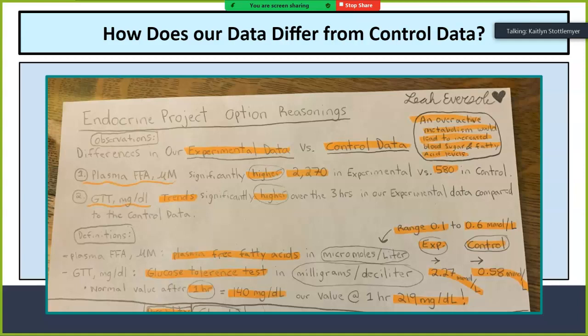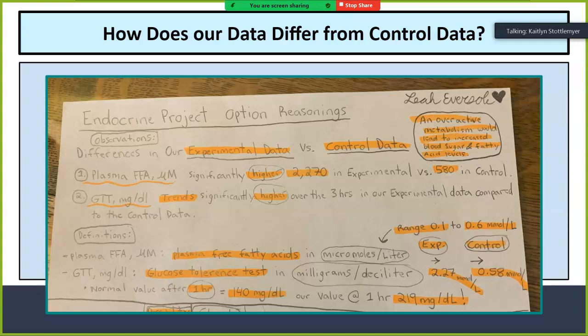It is in milligrams per deciliter. And our GTT testing varied for every hour that was tested.